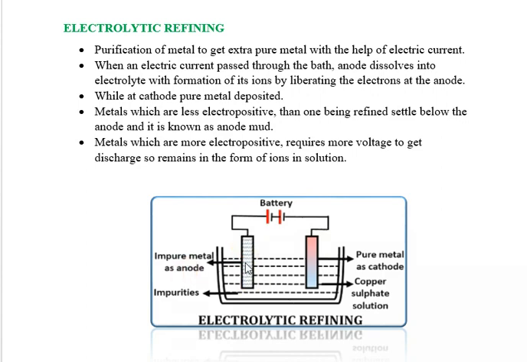It is made the anode. Impure metal is made the anode, and the pure metal is made the cathode, and the bath contains an aqueous solution of a suitable salt of the metal which is to be refined. Here copper sulfate solution is taken.